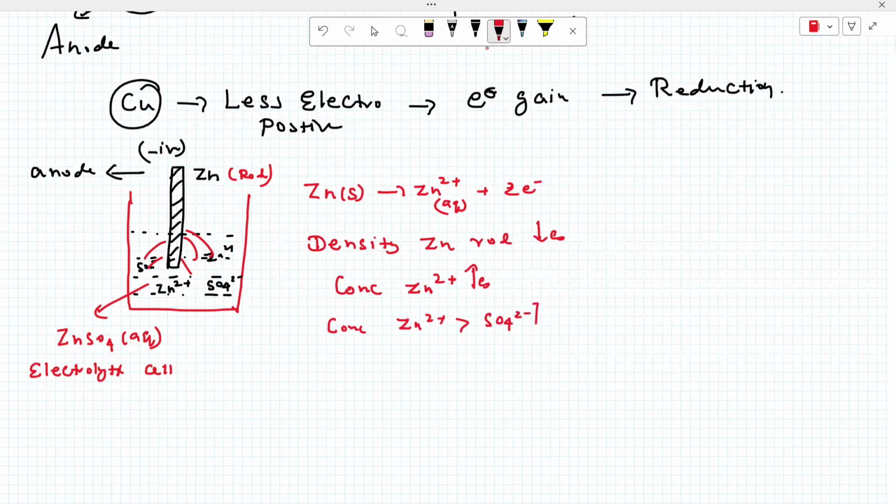Yes or no? Therefore, this solution becomes positive in nature. Understand? You got the point? Simple now.